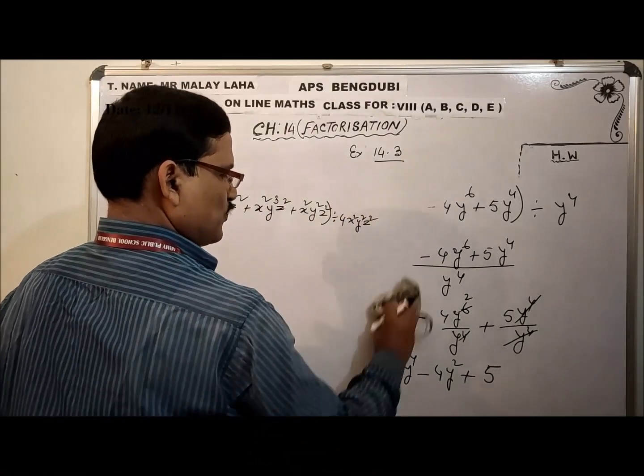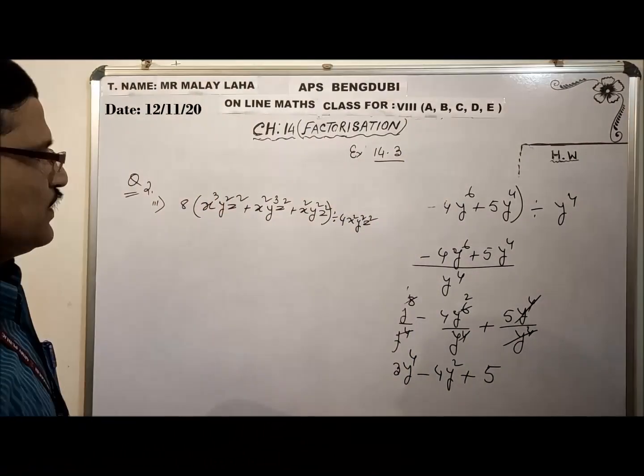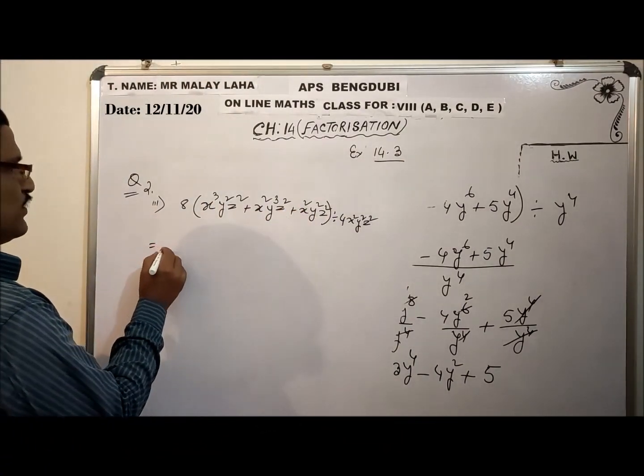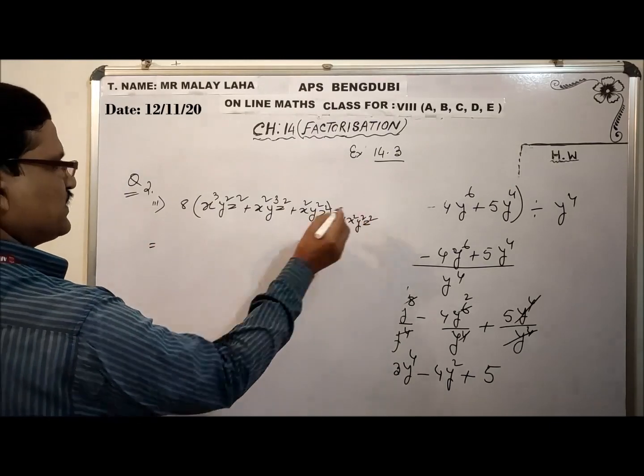So while writing, if you make any mistake, you will face problems. Now for all terms we have denominator 4x square, y square, z square.